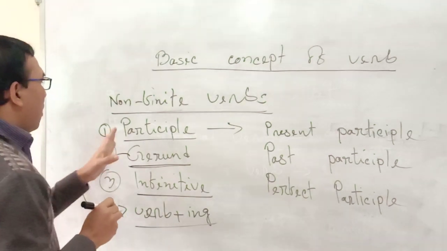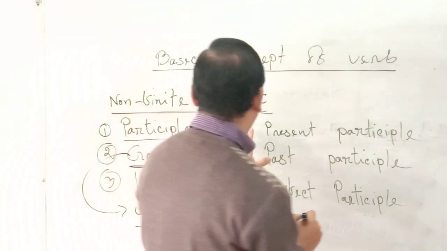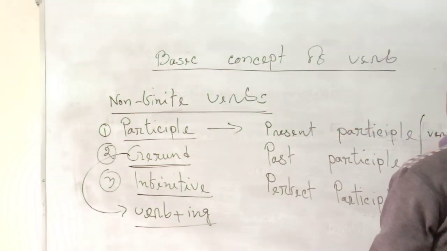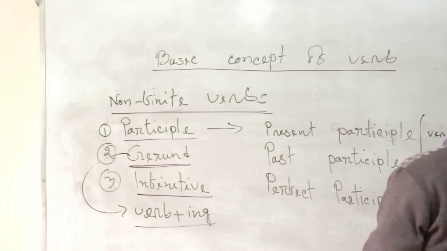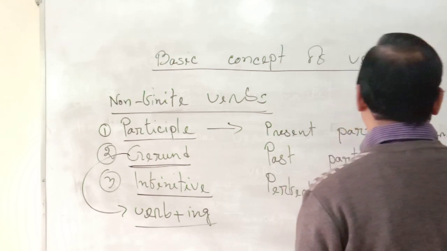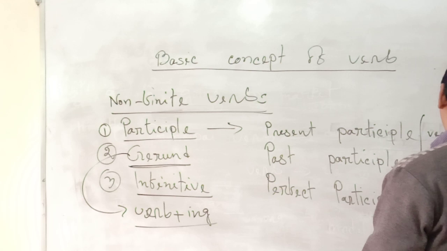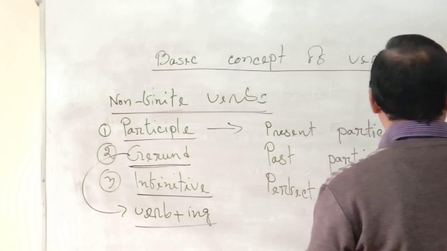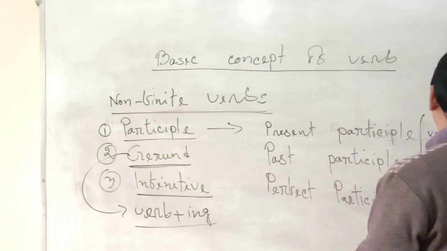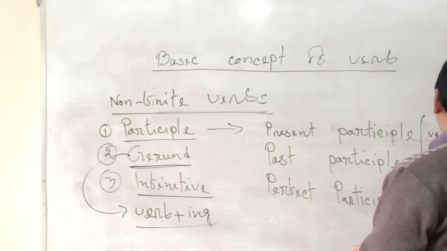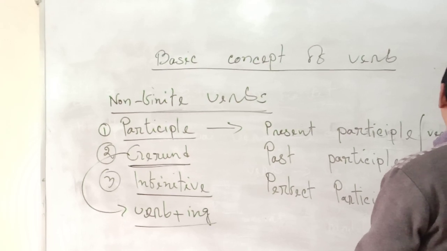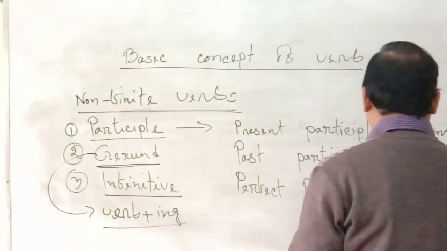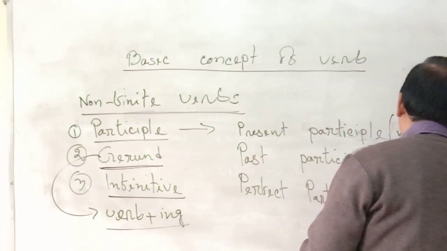So participle, if we give the examples: present participle, verb plus ing, going, maybe an example; past participle, verb plus ed, gone, maybe an example; and perfect participle, having gone.